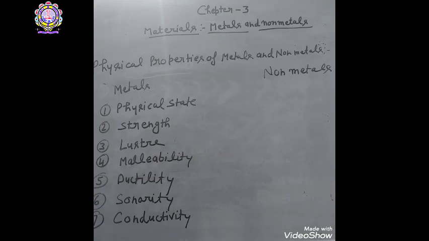Metals are generally found in solid form at room temperature, but some metals are in liquid state at room temperature. For example, mercury and gallium are found in liquid state.